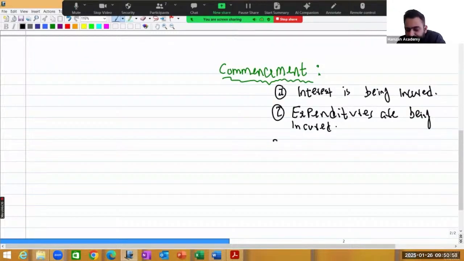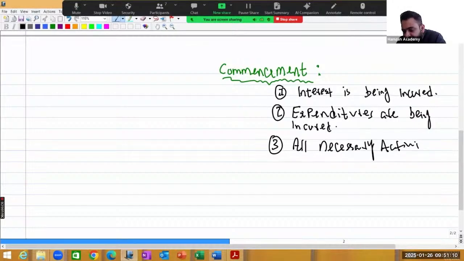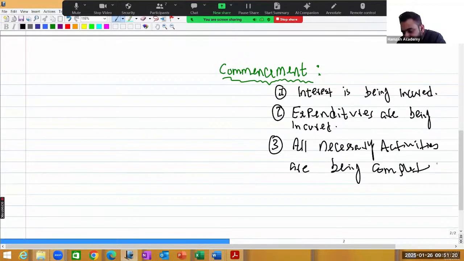And number three, all necessary activities are being completed. These three conditions, if fulfilled, then interest cost will start to be capitalized.